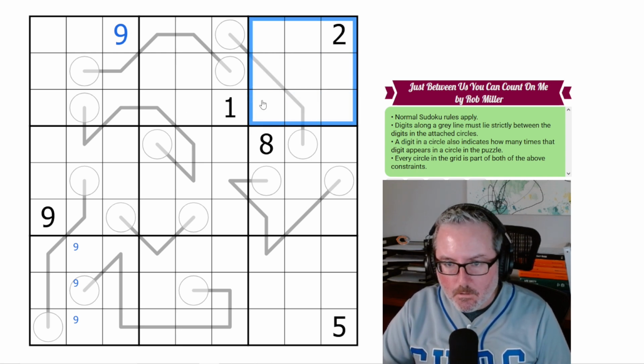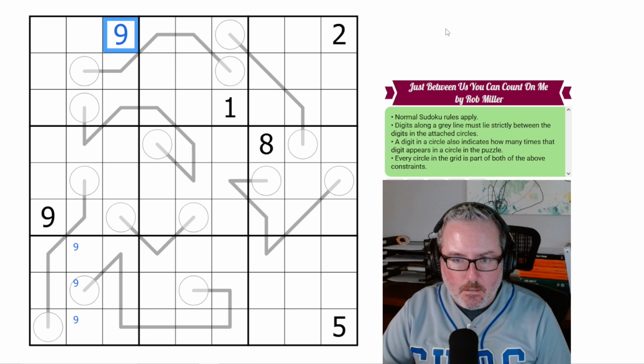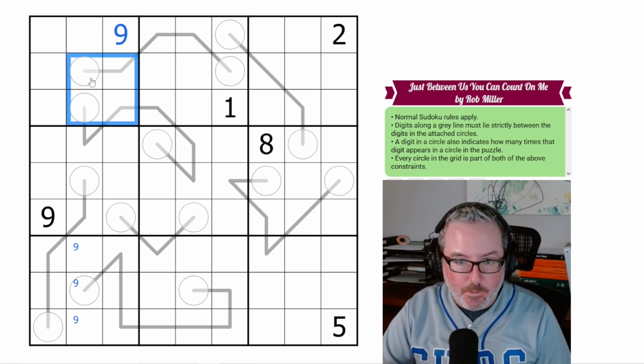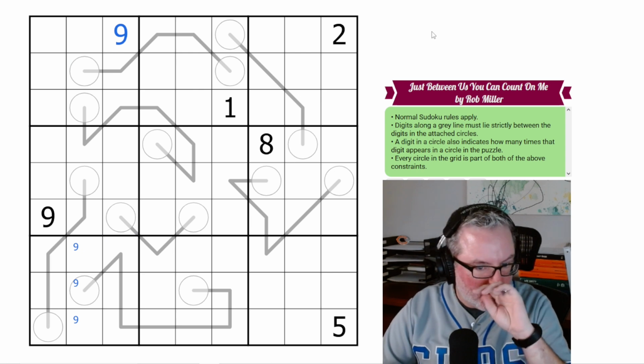So in here, there are no circles. In here, there are no circles. So we can never put a 9 in a circle in either of these regions, so therefore we can never get 9 9s. Now, we can also state we don't have a 9 in this region or this region either. So all of those are out in terms of possibility.